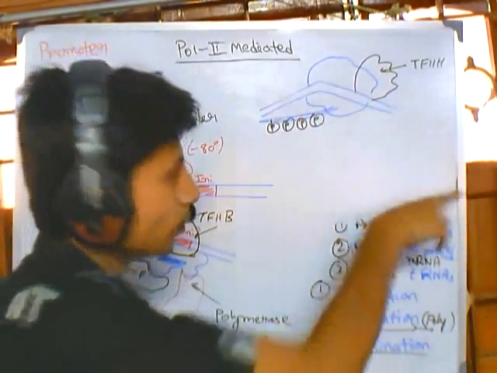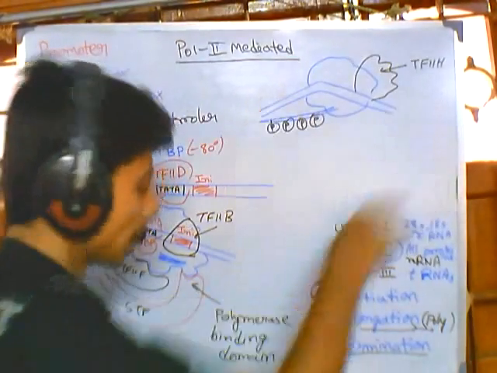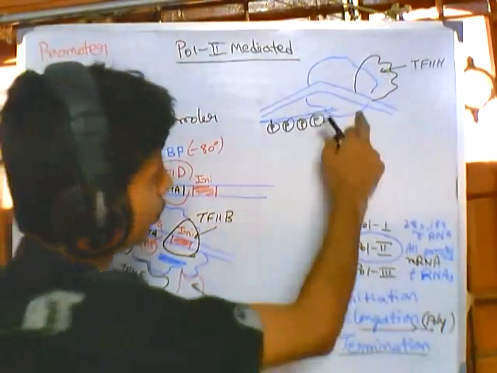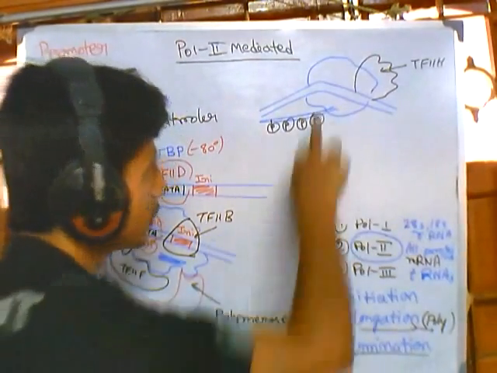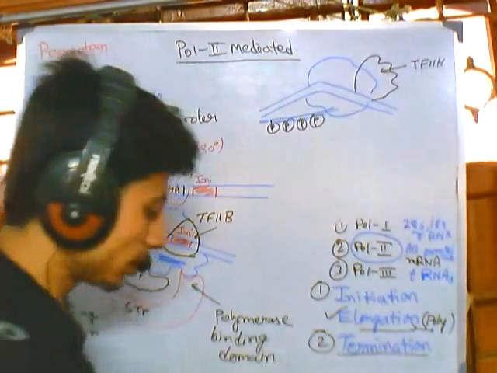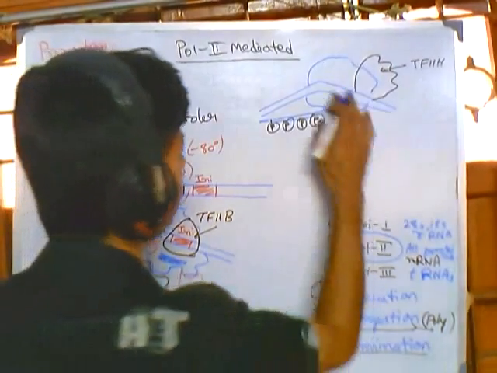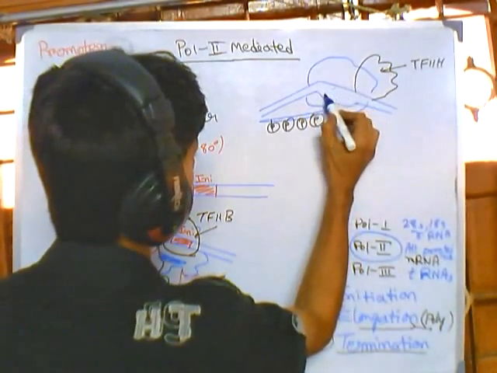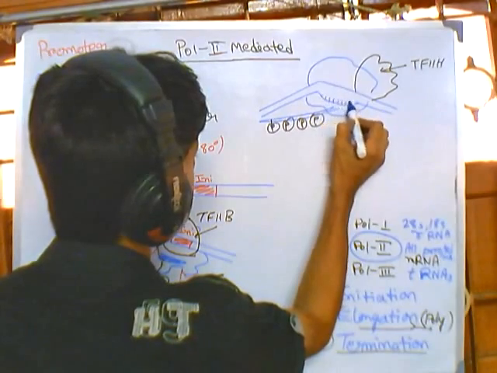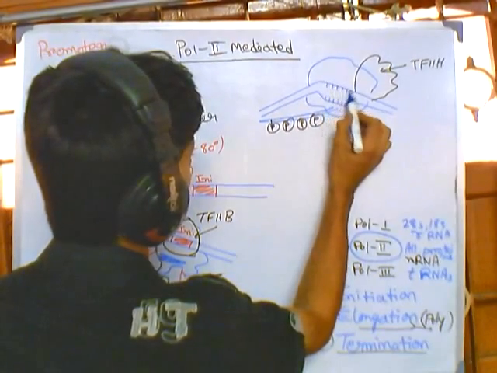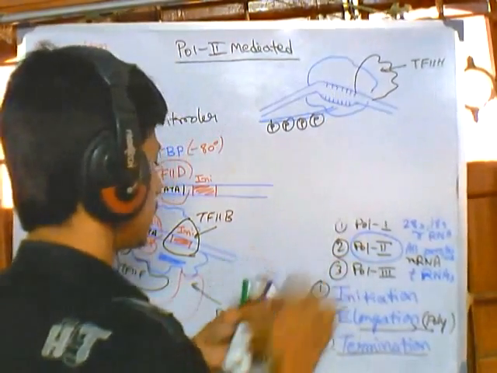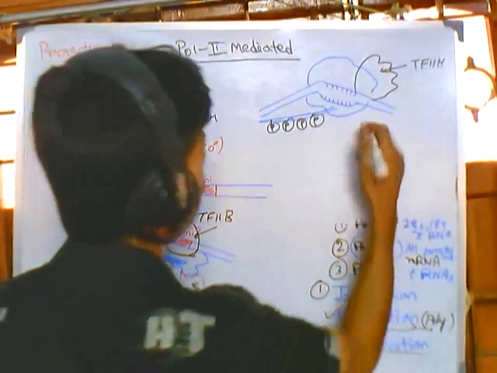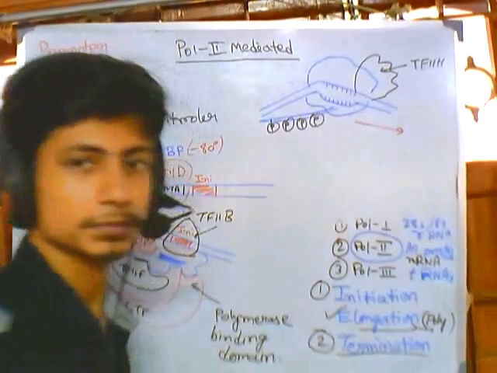So polymerase will move on to this downstream region, and it will start melting the DNA too. So let me draw the structure of melting of the DNA. It will be something like that, say. So DNA again starts to melt and RNA polymerase starts to move in this direction.